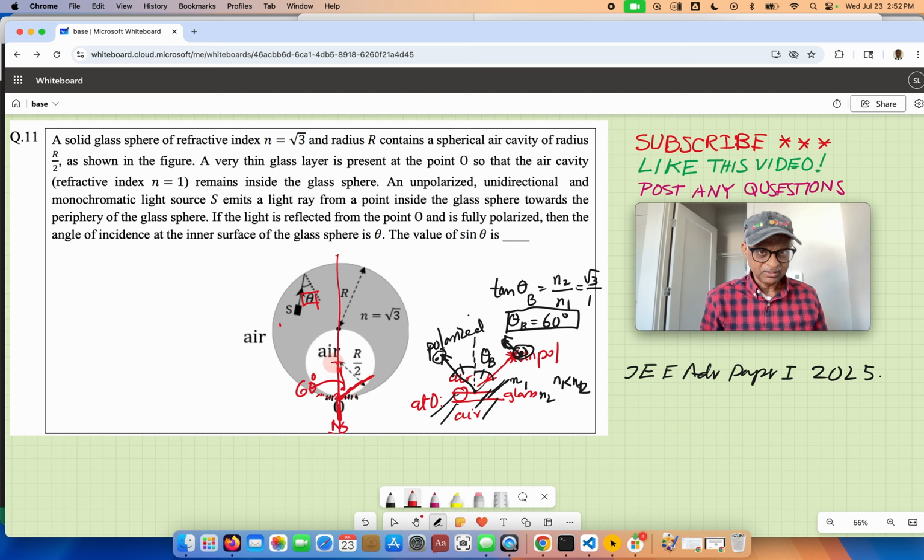If you look at this circle, this is the center of the circle. From here to here, this is the same as that, so this angle should be the same as that angle. So that angle is also 60 degrees.